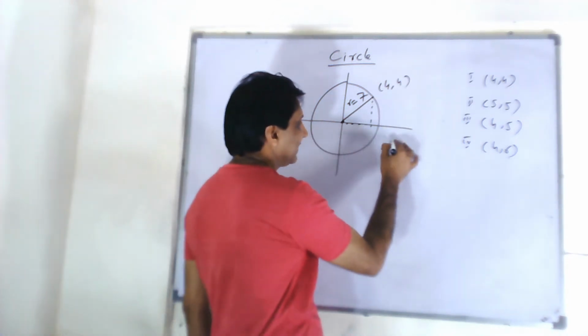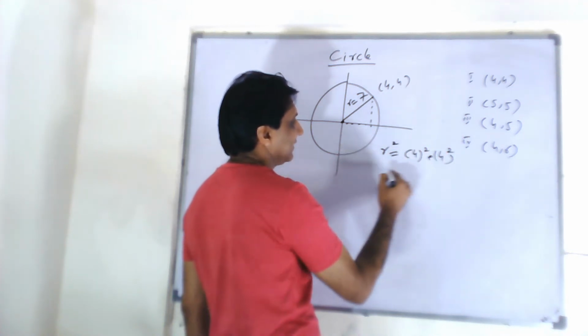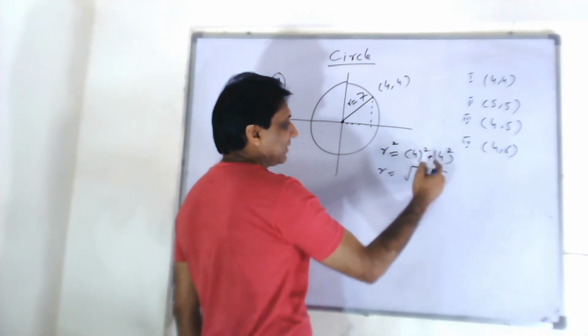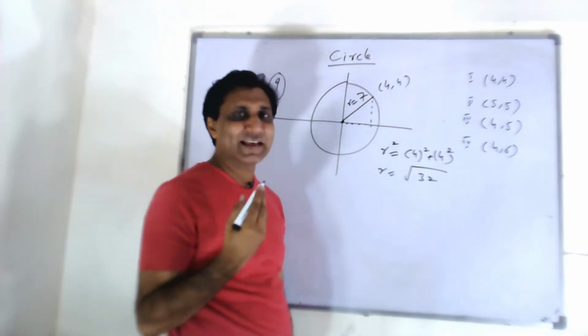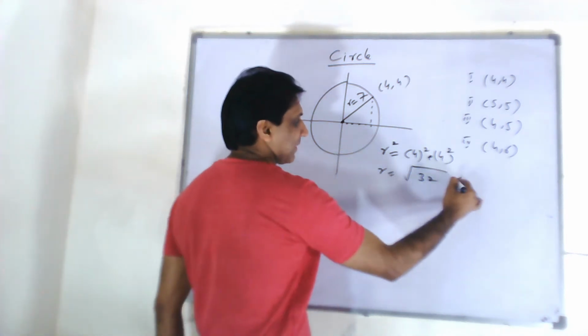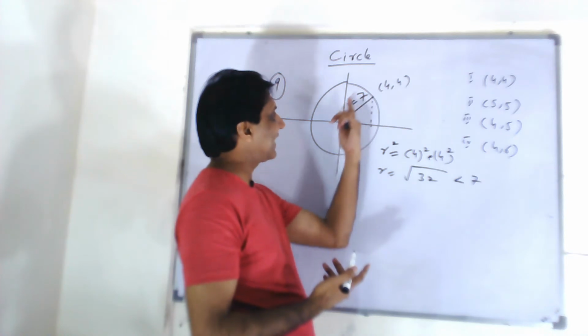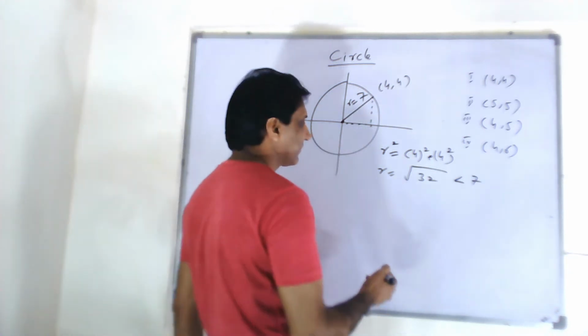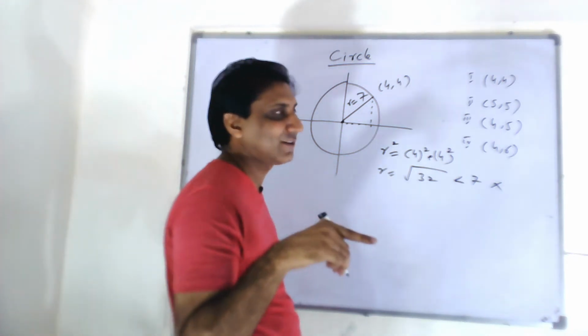So r square is equal to 4 square plus 4 square, that is 16 plus 16, 32. 32 is far less than 7. It's even less than 6. So it's inside somewhere, not outside. We have to find out which ones are outside the circle.